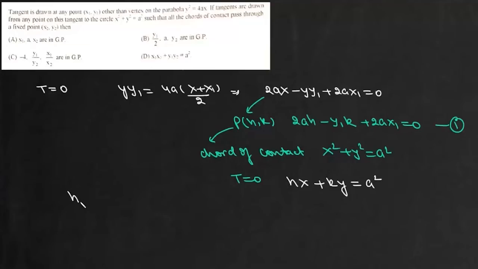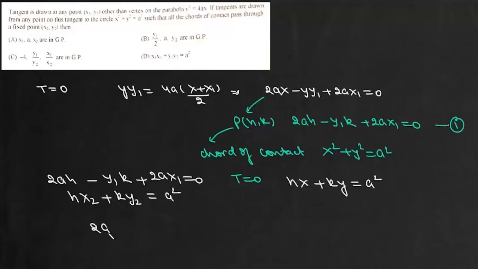So we can write h x2 plus k y2 equals a square. Now these two equations represent the same line. So we have 2ah minus y1 k plus 2ax1 equals 0, and from here we can write 2a upon x2 will be equal to minus y1 upon y2, equal to 2ax1 upon minus a square.